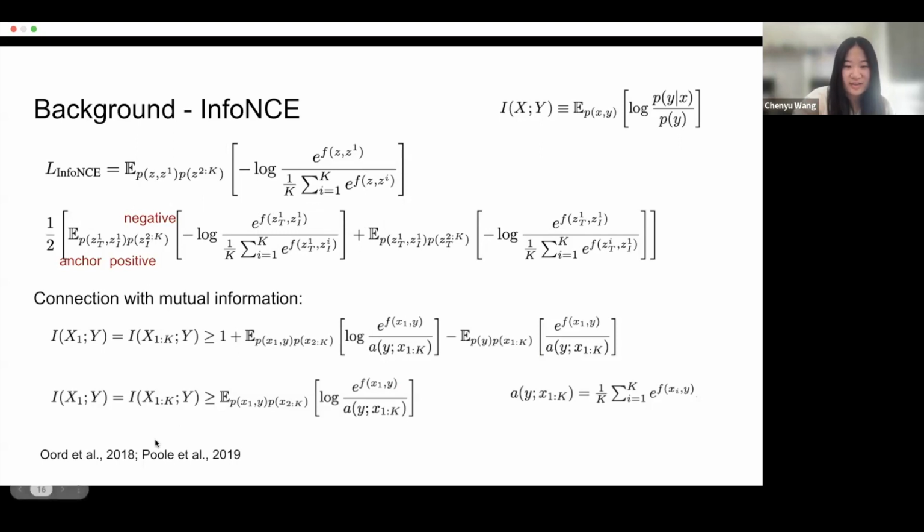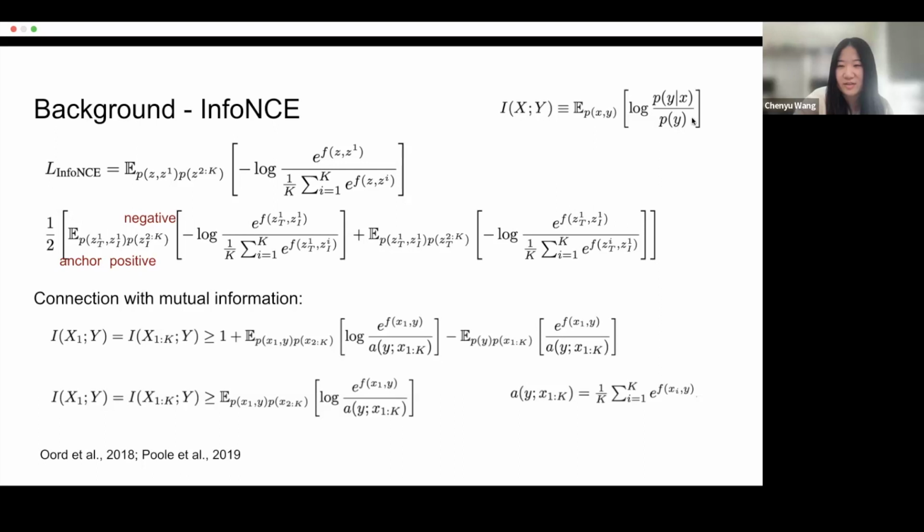So in these previous papers, they built a nice connection between the InfoNCE loss and the mutual information between the two data modalities. The intuition is that the mutual information has a formula like this, and they use an exponential family to approximate the variational distribution of this conditional probability.